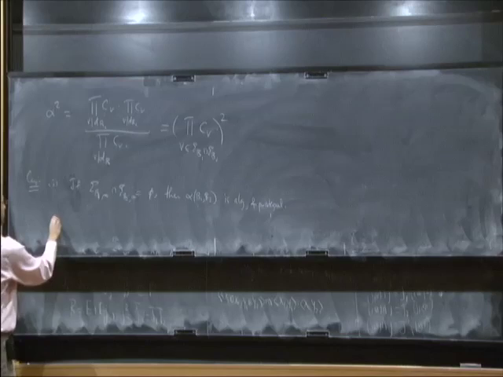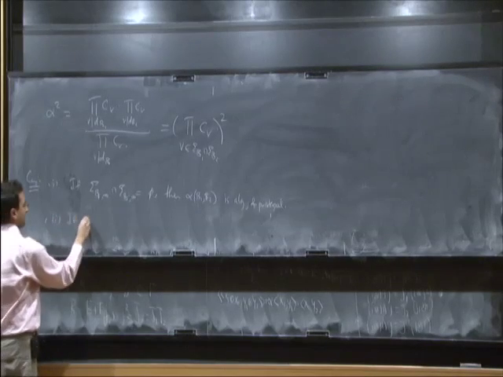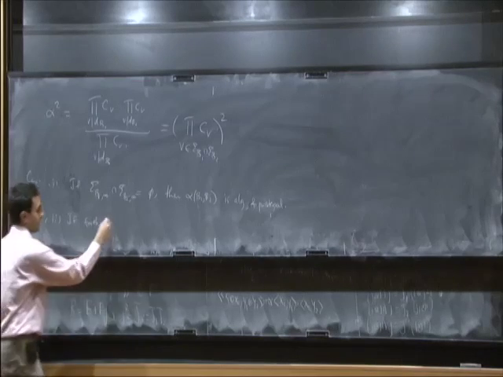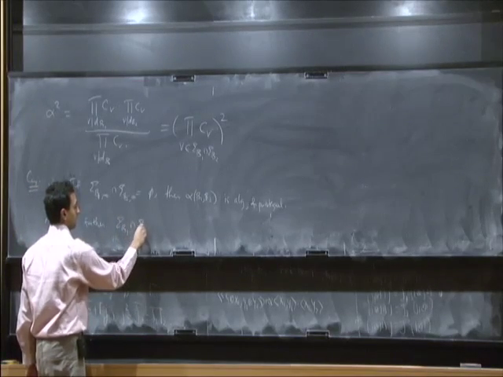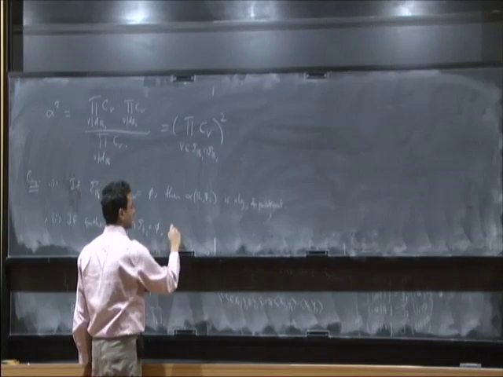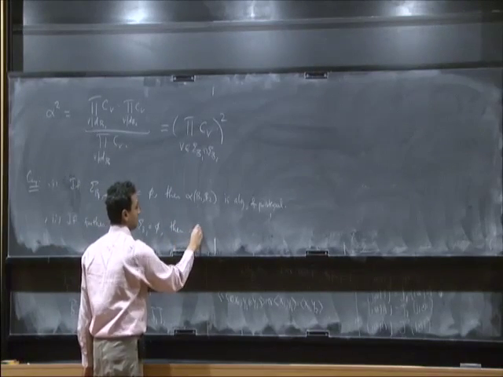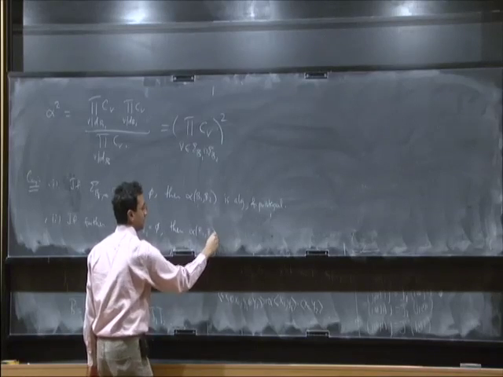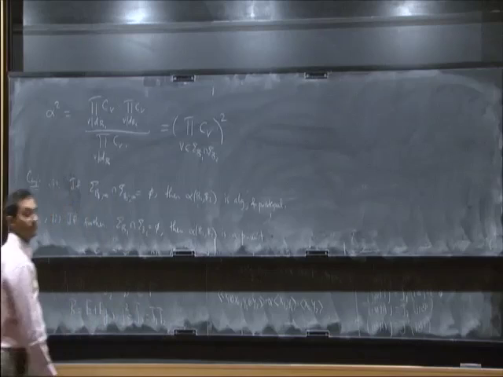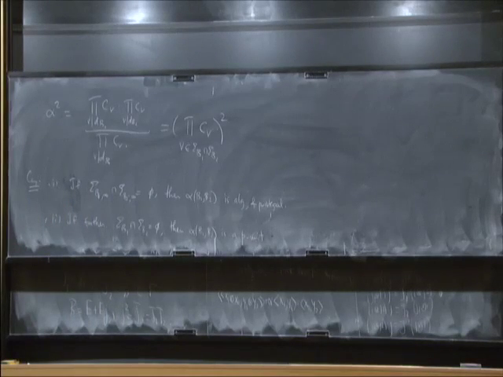And if further they have no finite places of ramification in common, then in fact alpha B1, B2 should be a unit.